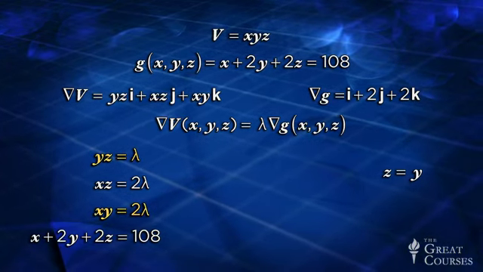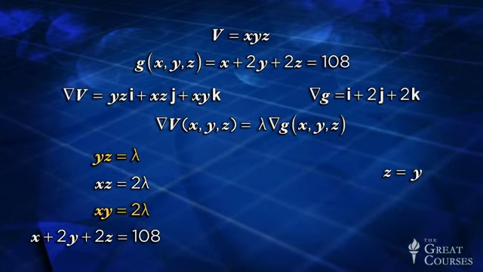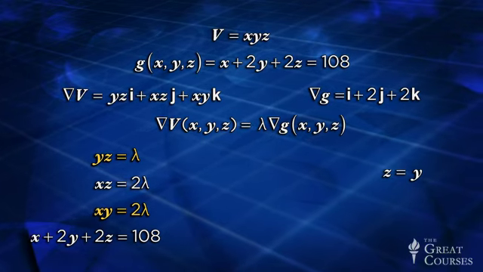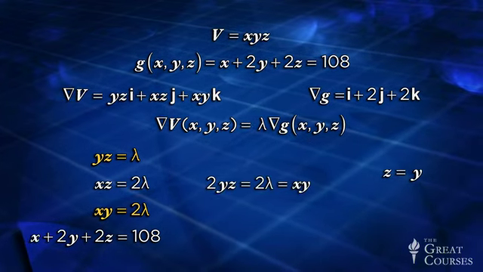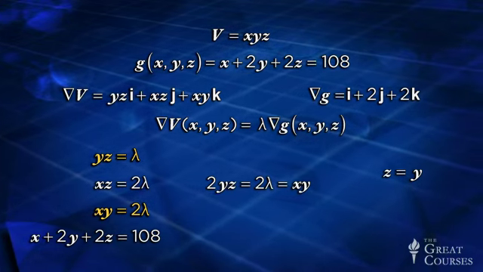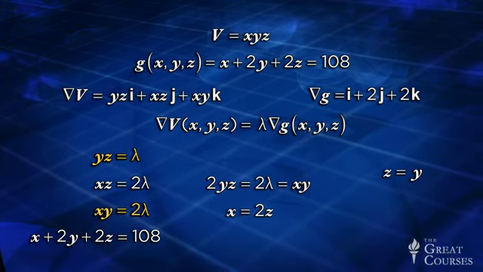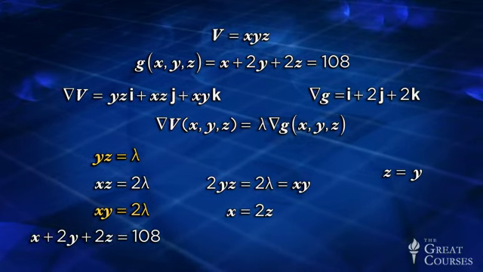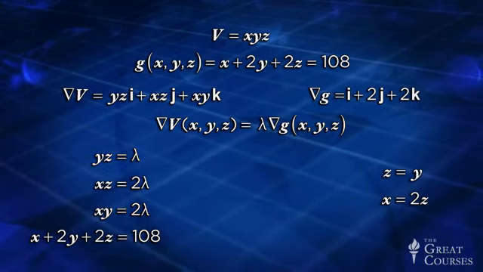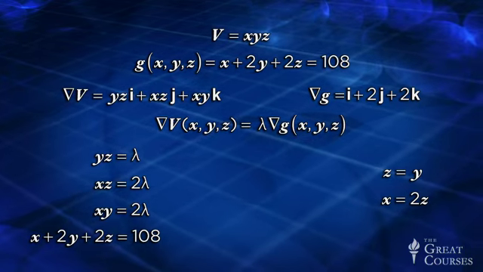From the first and third equations, we have yz equals lambda and xy equals 2 lambda. So if I multiply that first equation by 2, I get 2yz equals 2 lambda equals xy, and I can cancel the y's and get that x equals 2z. So now we have everything pretty much. We've got y equal to z, x equals 2y equals 2z.